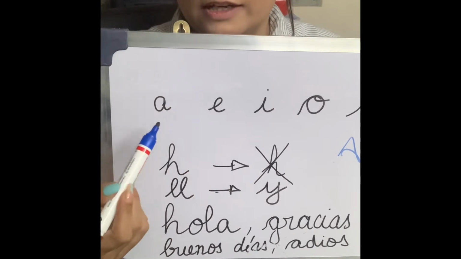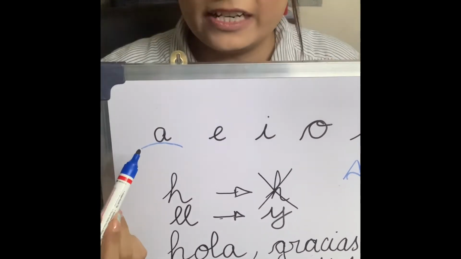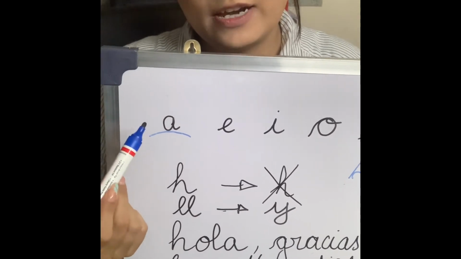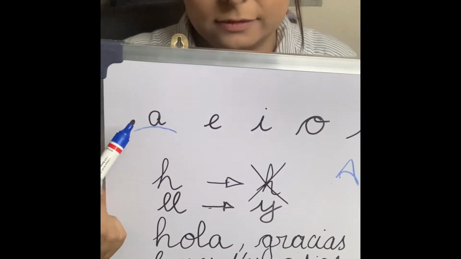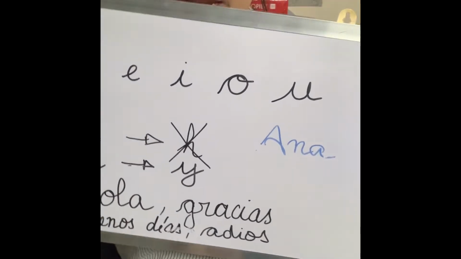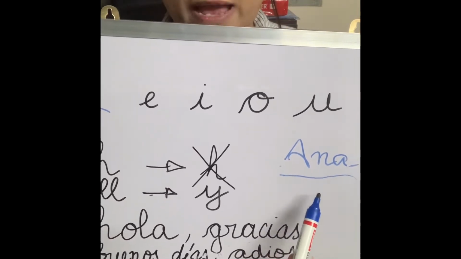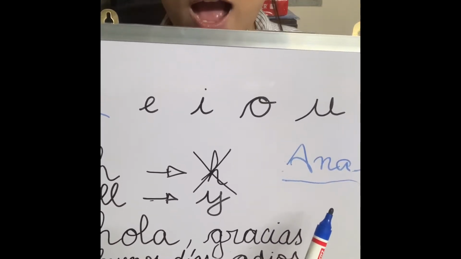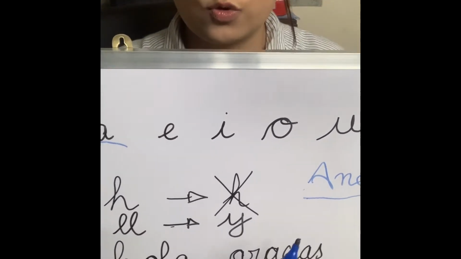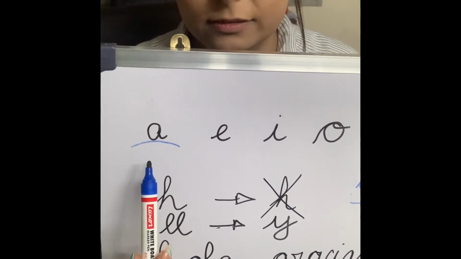For example, letter A. The letter A in Spanish is pronounced as A. For example, the name in English is pronounced Anna, but in Spanish we would say Ana. So the letter A is pronounced as A.